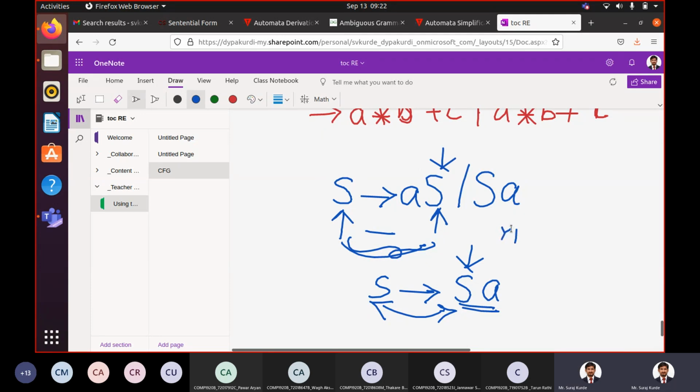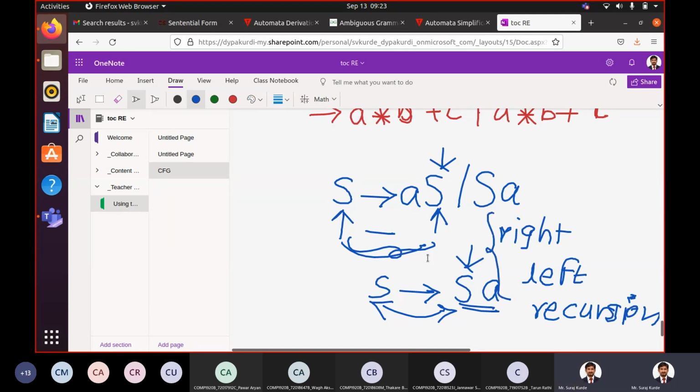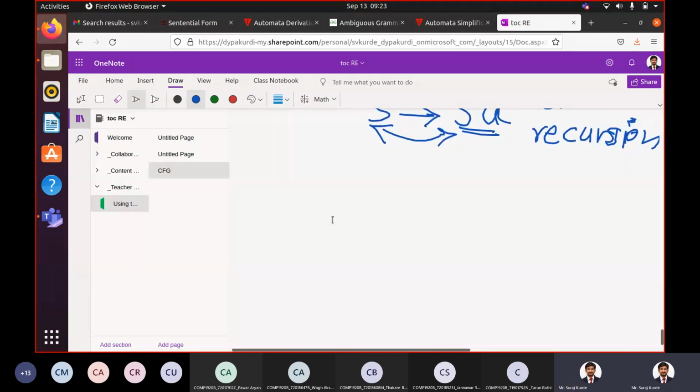So right recursion or left recursion. When a grammar is ambiguous, you will find this property, left recursion or right recursion, and we have to remove it. The recursive property we have to remove, then only the grammar will become unambiguous. Now it can be done. Let me show the example.